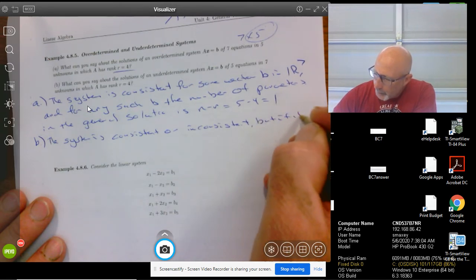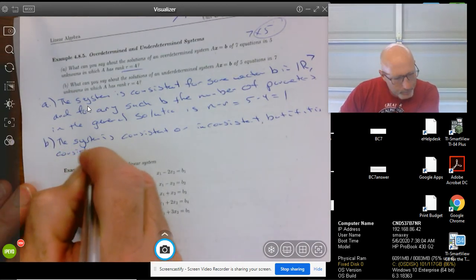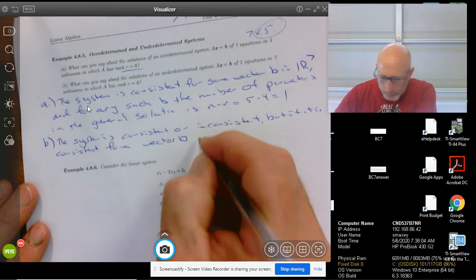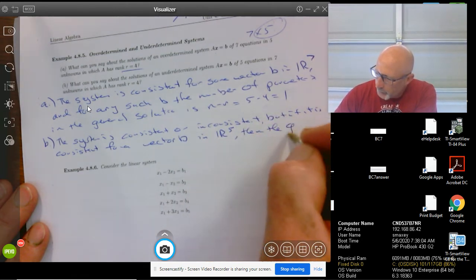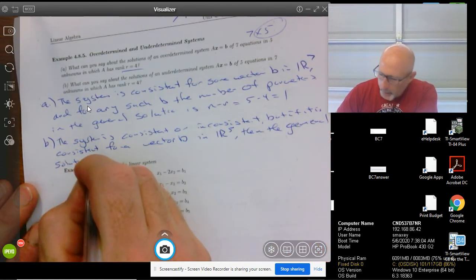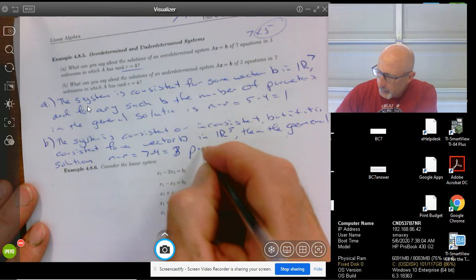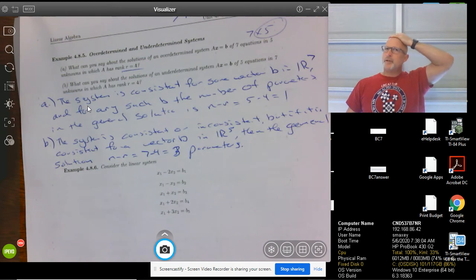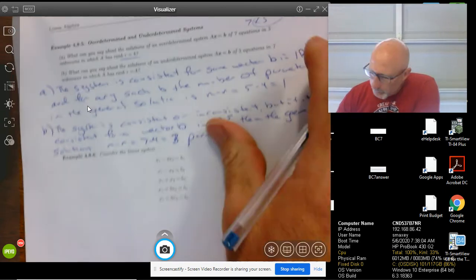But if it is consistent, for a vector b in R5, then the general solution is n minus r, which is equal to 7 minus 4, which equals 3 parameters. Okay? So that time I had fewer equations than what I had variables. Okay, so consider this linear system.